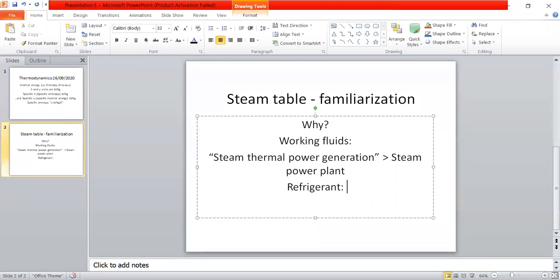So refrigerant is used for cooling and also for heat pumping, as in refrigerators and heat pump applications. So it is the refrigerant that works.